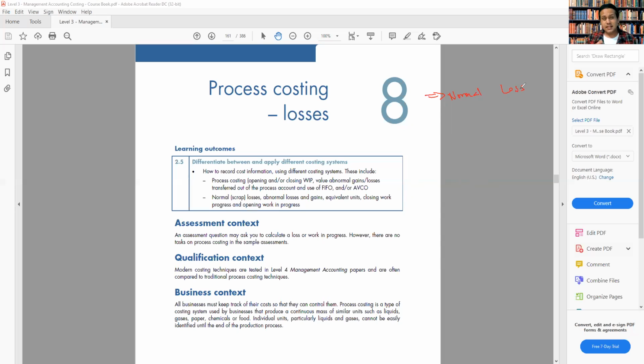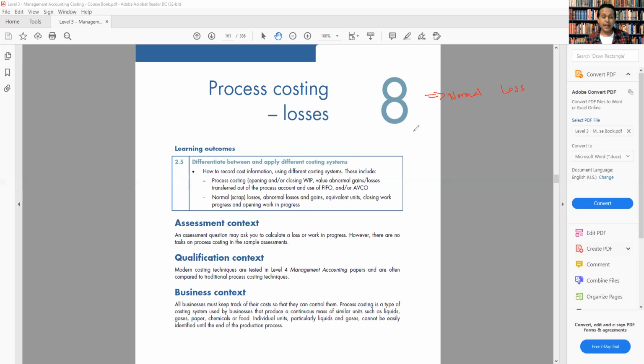We said 10% we always lose. So if we already know 10% of the material will be wasted, this is called normal loss. If I put in 10 kilo of flour, the output will be 9 kilo or 9.5 kilo. So there will be some waste during the process.